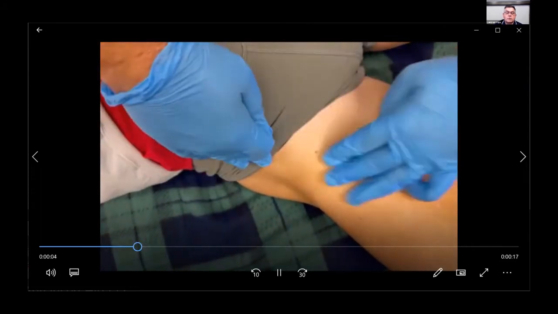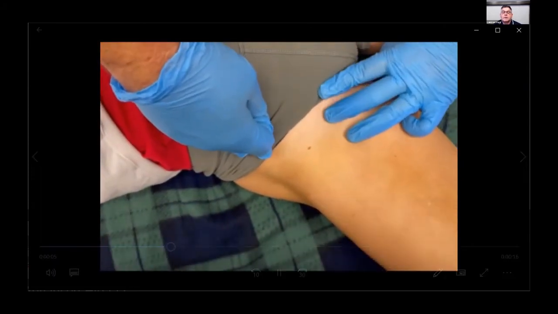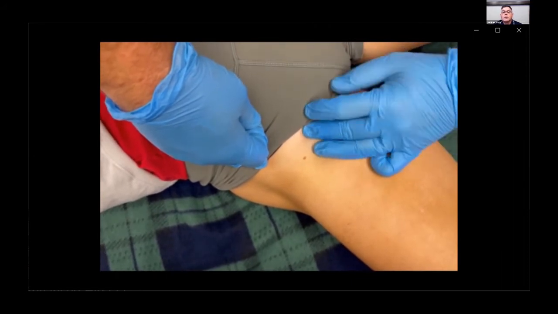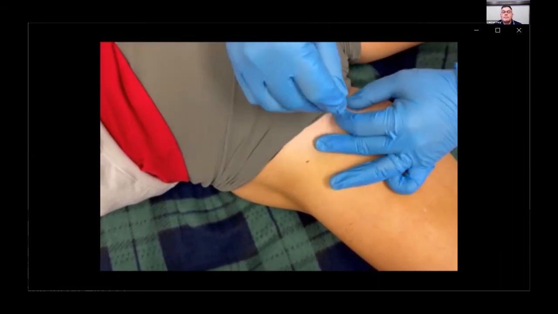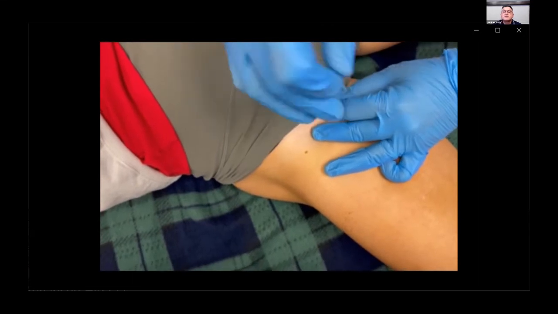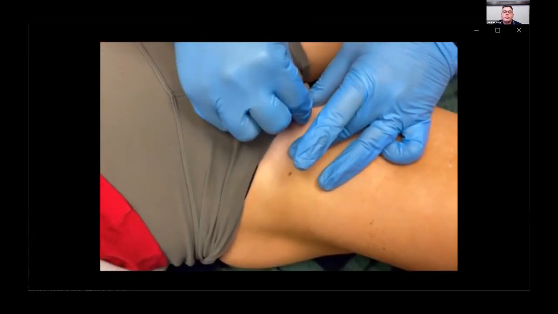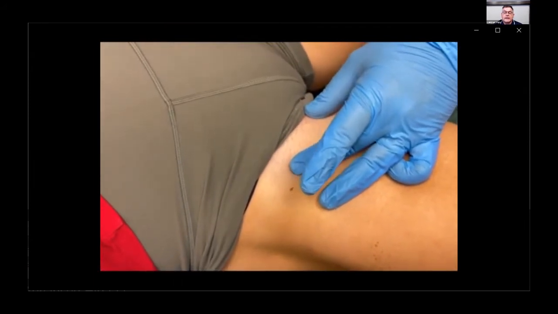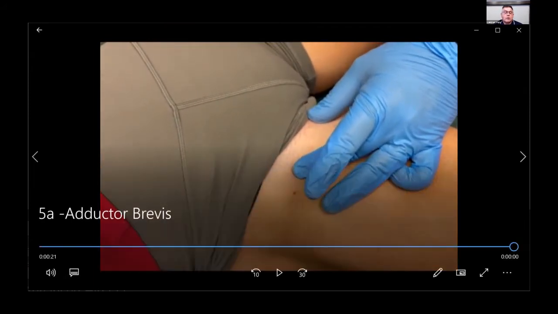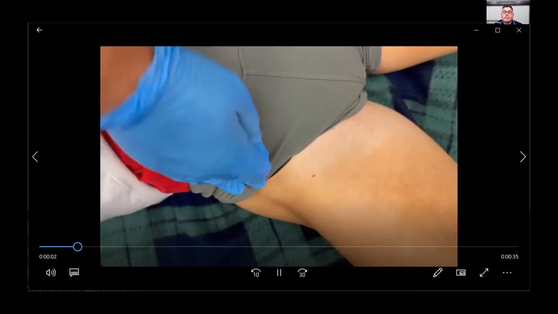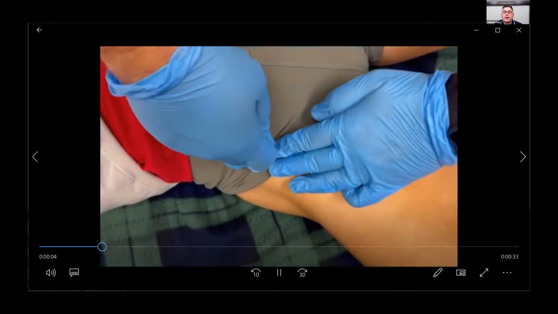So we'll do pectineus first. I'm going to palpate the femoral artery. We're going to move midway between there and symphysis pubis, 1 finger breadth inferior, and needle anterior to posterior for pectineus. All right, and we'll find our landmarks.